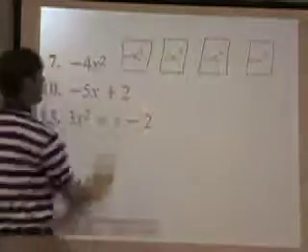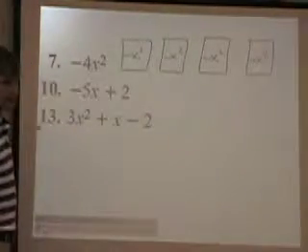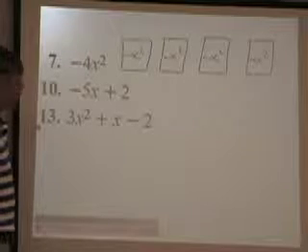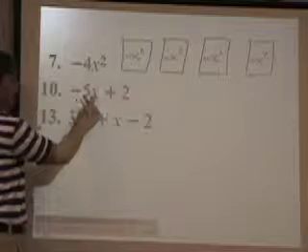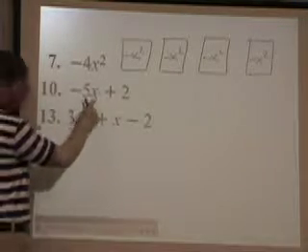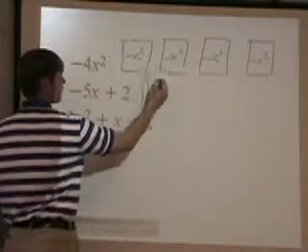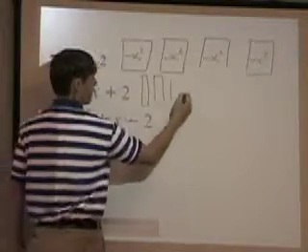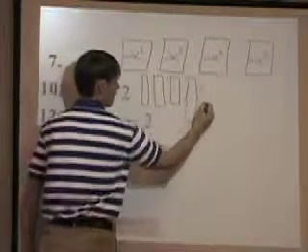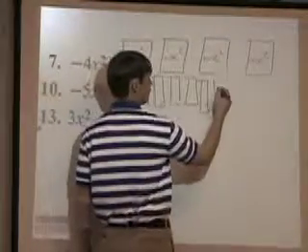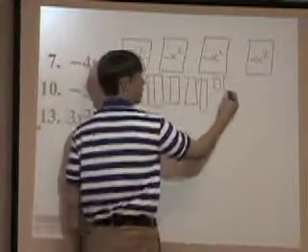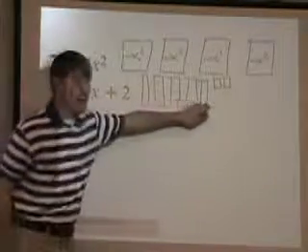When you add them all together, you get negative 4x squared. You understand that? What about this one? 5x. There's no squared involved here. So you got 5 skinny ones, 1, 2, 3, 4, 5. And then how do you do 2? 2 little squares.